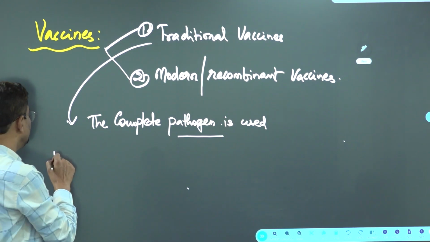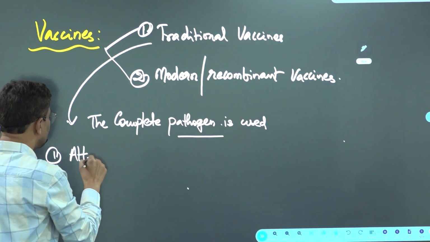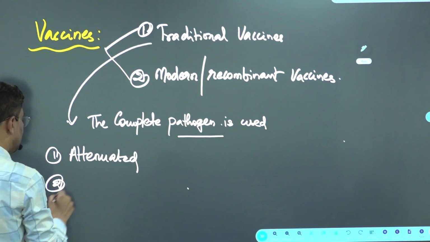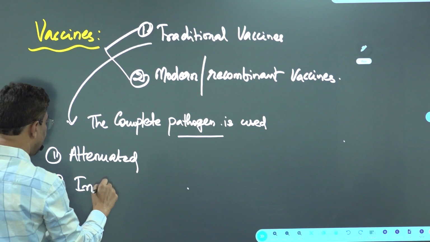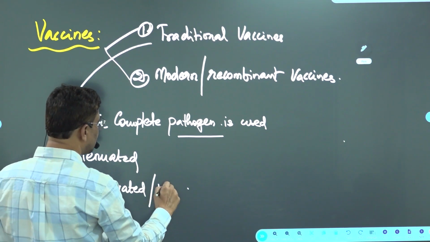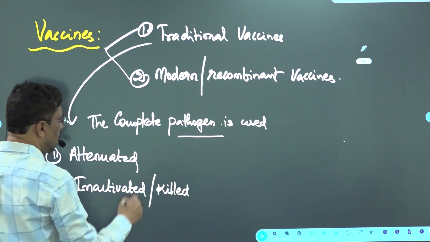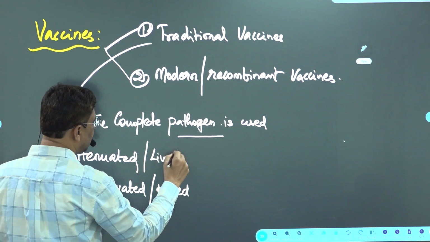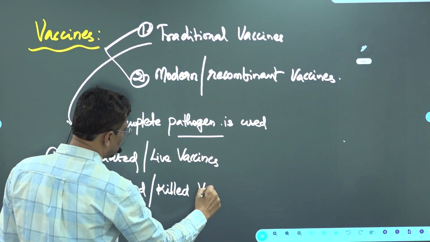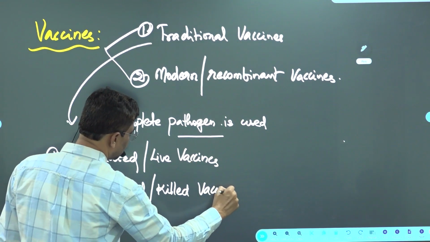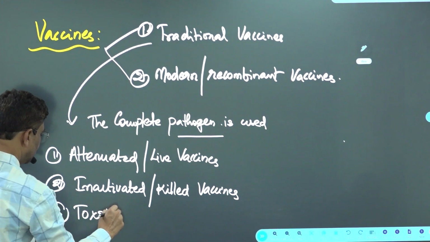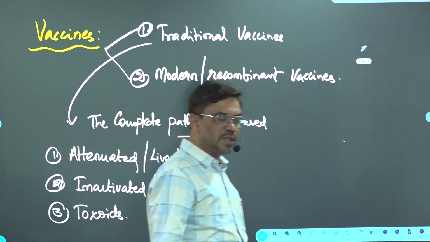For example, attenuated vaccines, also called live vaccines, then inactivated vaccines, also called killed vaccines, then toxoids.